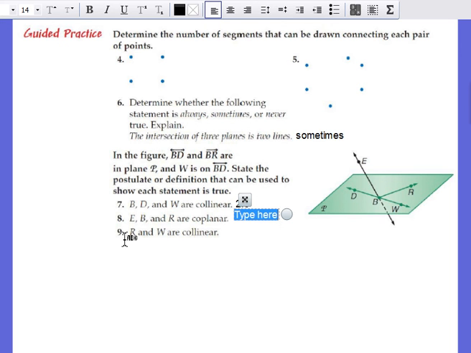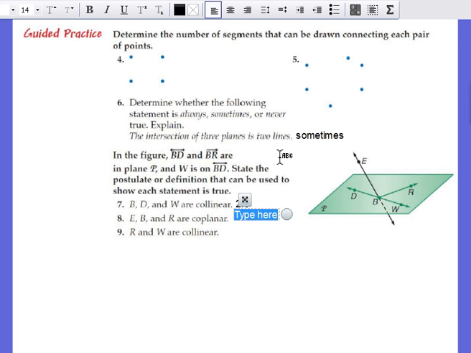Alright, number 8, E, B, and R are coplanar. That is technically true. In this case, they're not coplanar in plane P, but by themselves, they're part of another plane because they're not collinear. So yes. And by definition, which postulate is that? Let's see.